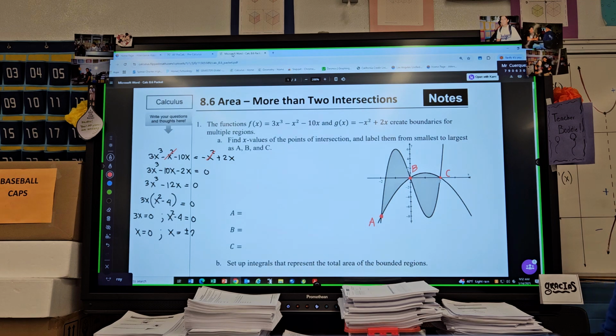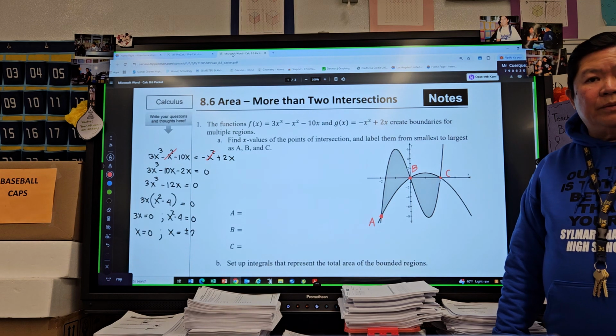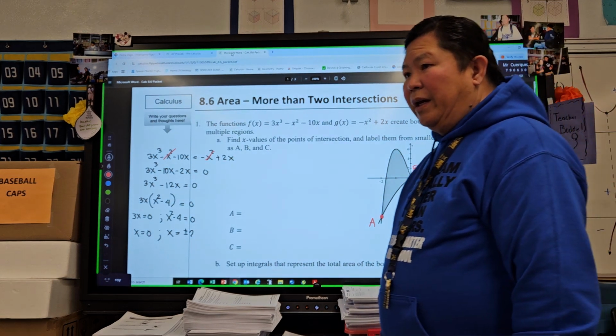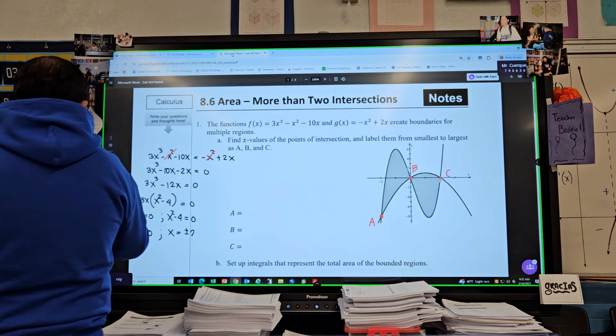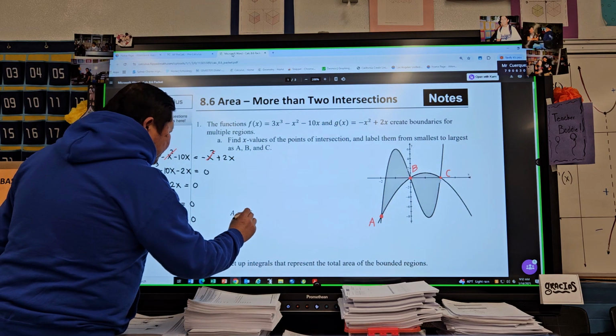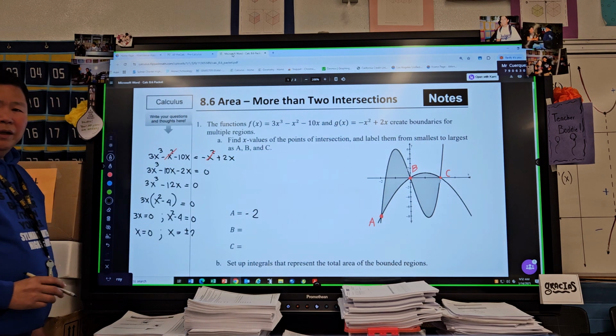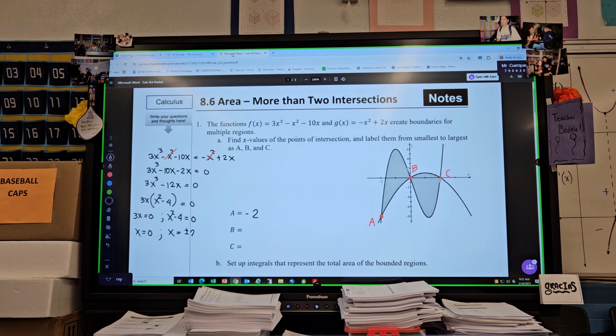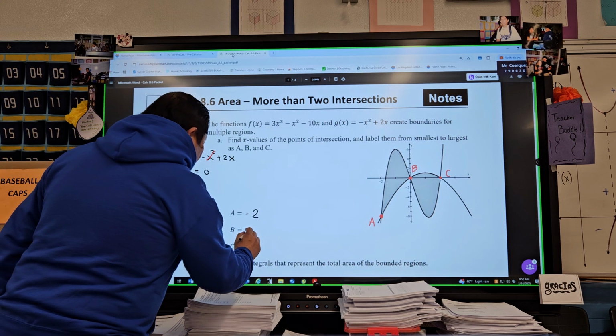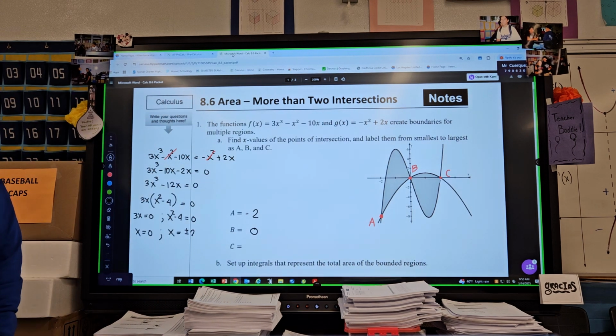What is the value of A in terms of variable x? A is negative 2. How about B? B is 0. And how about C? C is positive 2.